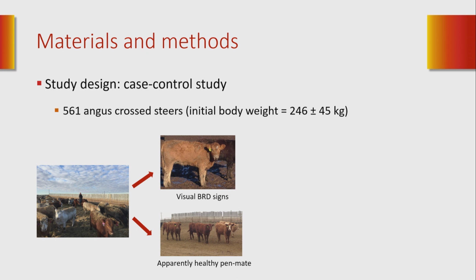For this purpose, we followed 561 Angus cross steers during the first 50 days on feed. During the study period, the steers were evaluated clinically every day by a pen checker, and each animal with visual signs of BRD was pulled. For each sick animal pulled, the pen checker also pulled an apparently healthy animal in the pen.